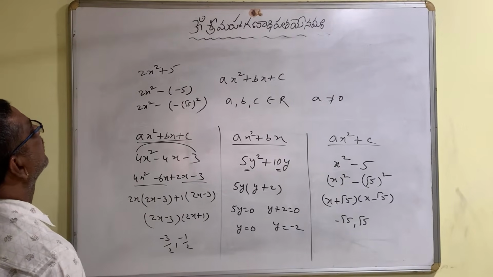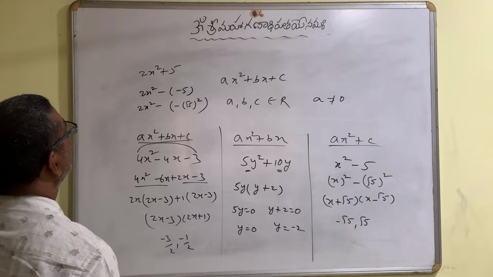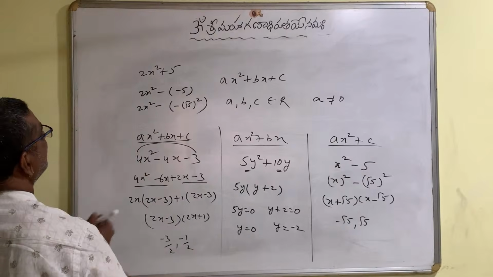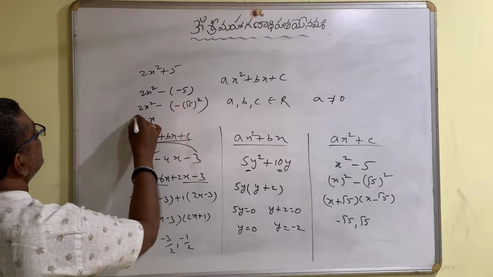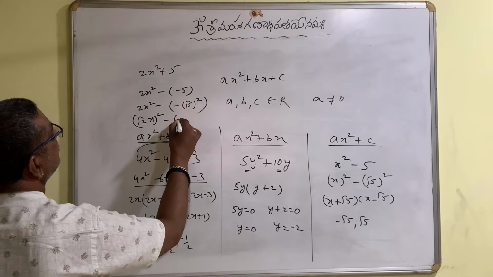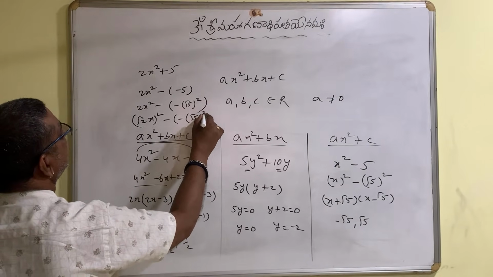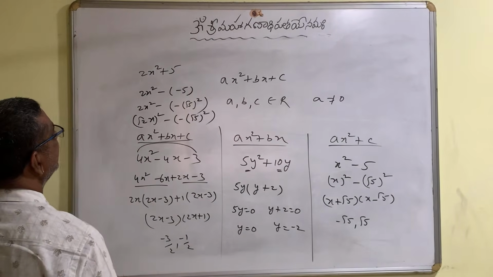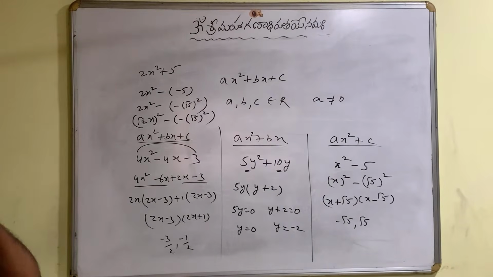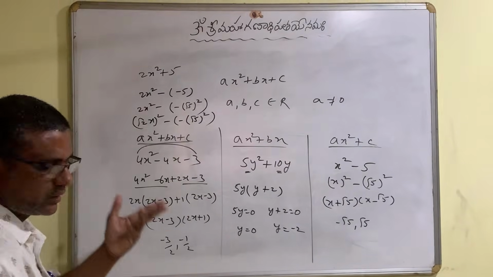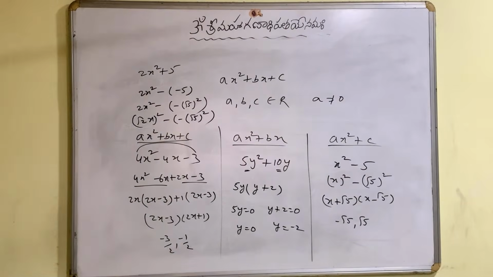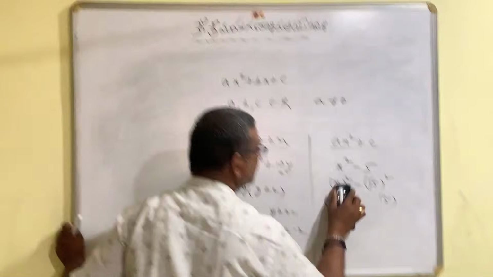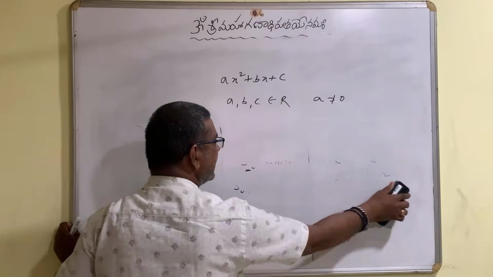Even then, this is root 2x whole square minus half minus root 5 whole square. Then a plus b, a minus b. Then that is also difficult. Okay, I'll tell you one direct formula for the third form.